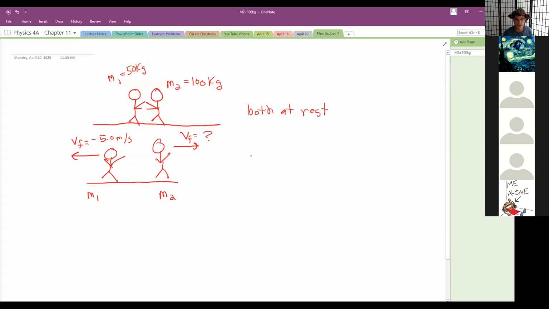First, you define your system. Keep in mind that the reason this is important is because as long as the sum of the external forces on a system is 0, then the momentum of that system is going to be conserved. For my system, I'm just going to call it the two people, m1 and m2.